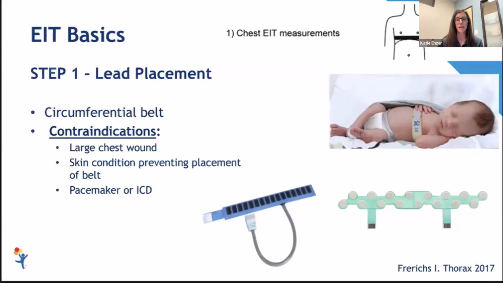This means that if your patient has a chest tube dressing, a sternotomy wound, or really anything that prohibits the placement of adhesive around the chest, they can't have an EIT study performed. And as I'll talk about, because of the electrical current that runs through the band, any electrically active implant like a pacemaker would also be a contraindication to EIT.